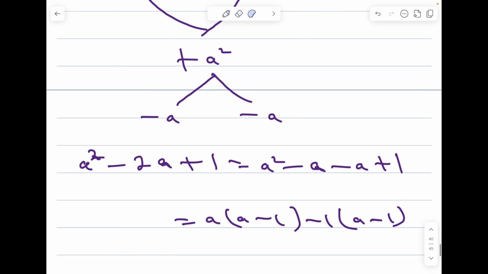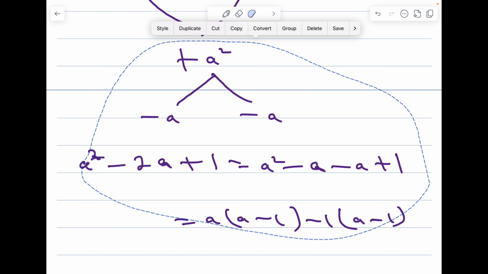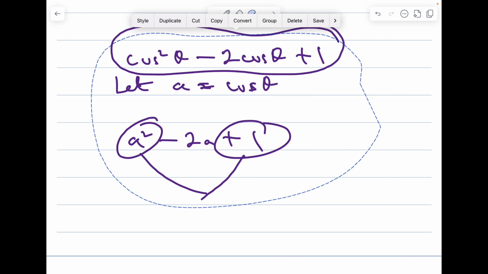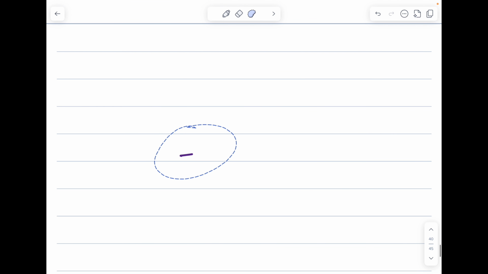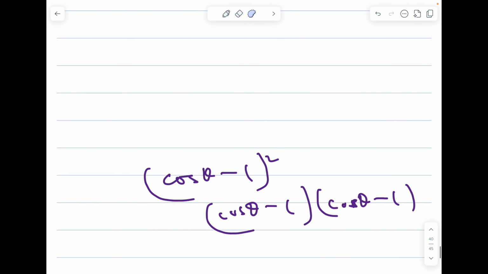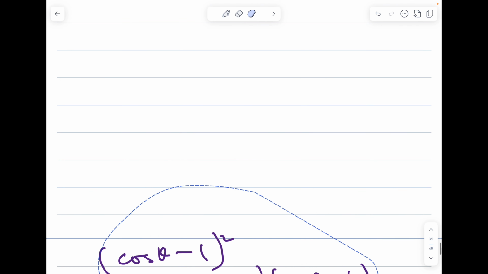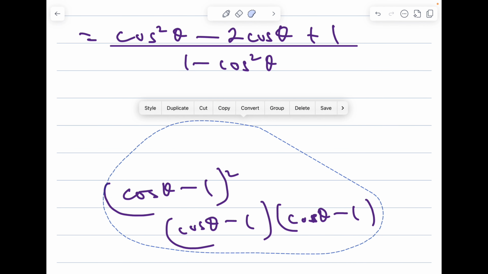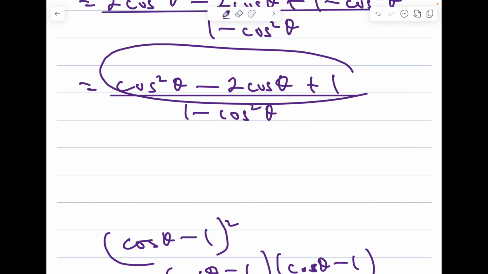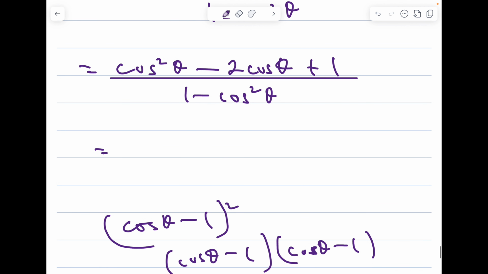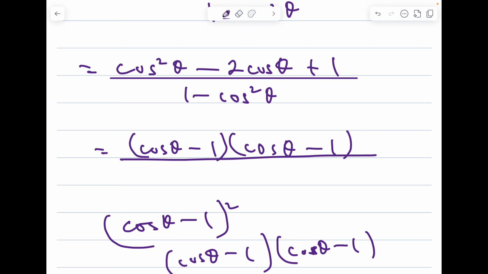So that simply means the numerator here is the same as cos theta minus 1 times cos theta minus 1, and you can write it as the square of cos theta minus 1 if you like.